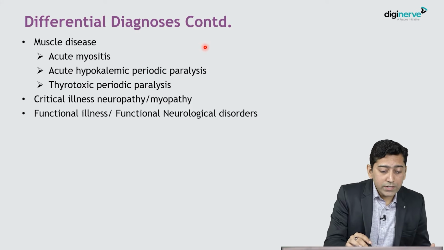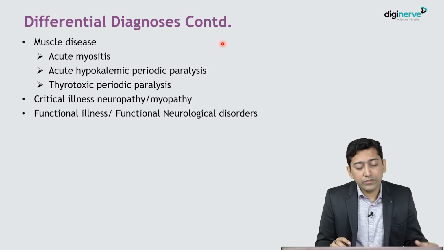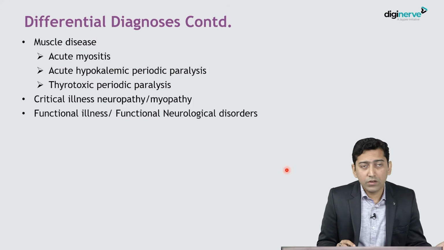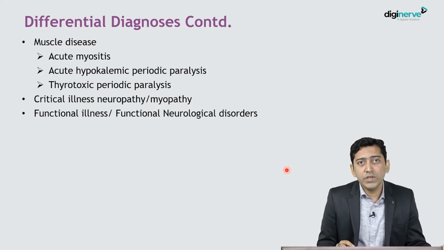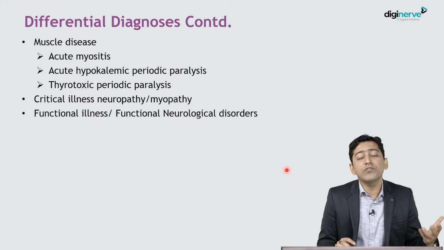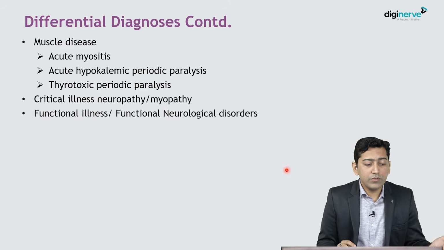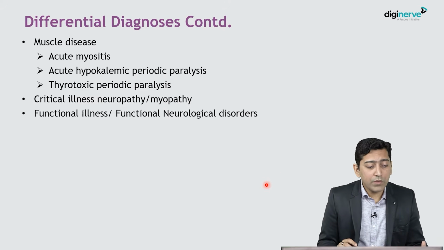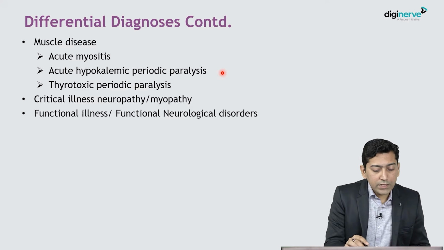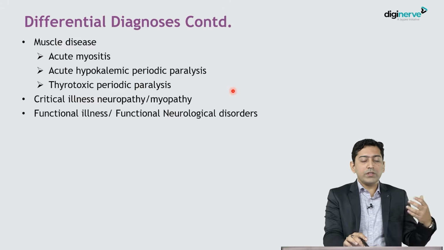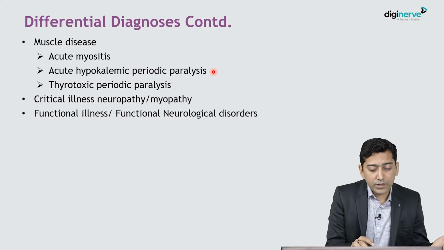Then comes muscle disease. We have to be careful whether we are dealing with acute myositis or not. We might want to get a CPK done. We'll have to do an electromyography or EMG to see whether there are myogenic potentials or not. And also there are channelopathies, problems with the channels, such as acute hypokalemic periodic paralysis and thyrotoxic periodic paralysis.